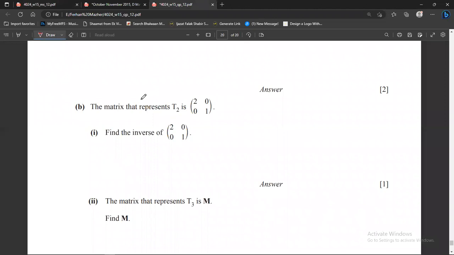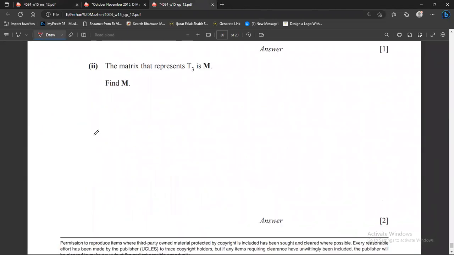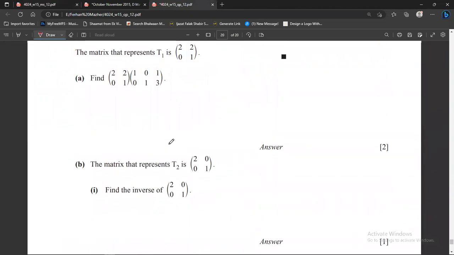Then their question is: the matrix that represents T3 is M. Find M. So I want to find out T3. Try to understand.